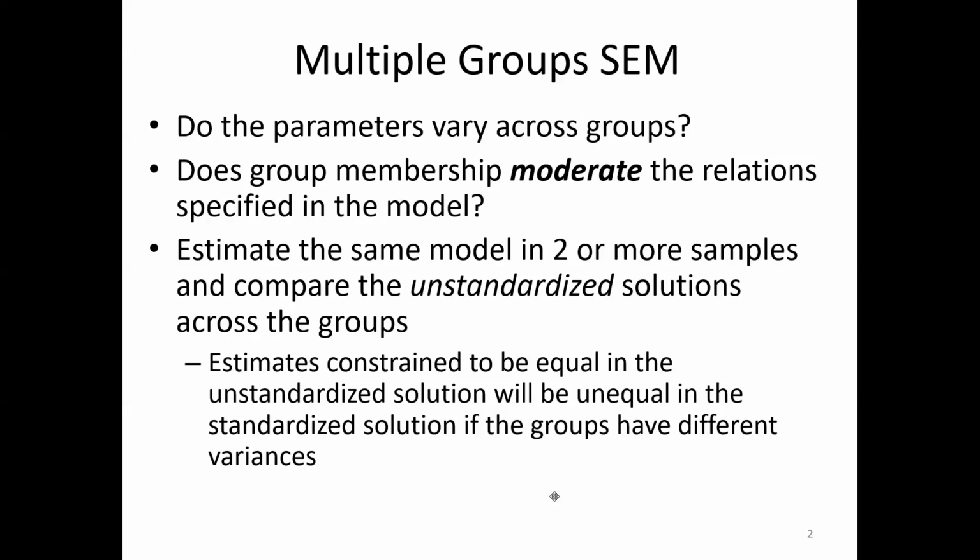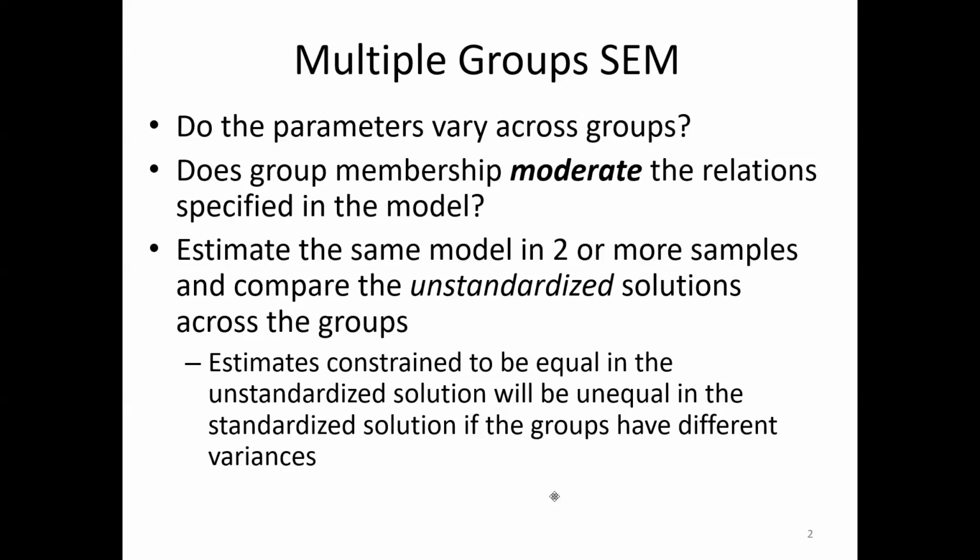Okay, well, it probably does mean they interpret the item differently, but yeah, exactly. Well, it does mean that for sure, right? Wherever the loading is lower, motivation isn't accounting for as much of the variance in that item in that group as it is in the other group.